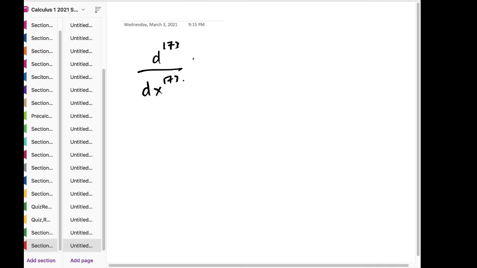Yeah, it's looping. So the first derivative is cosine. The second derivative is negative sine.